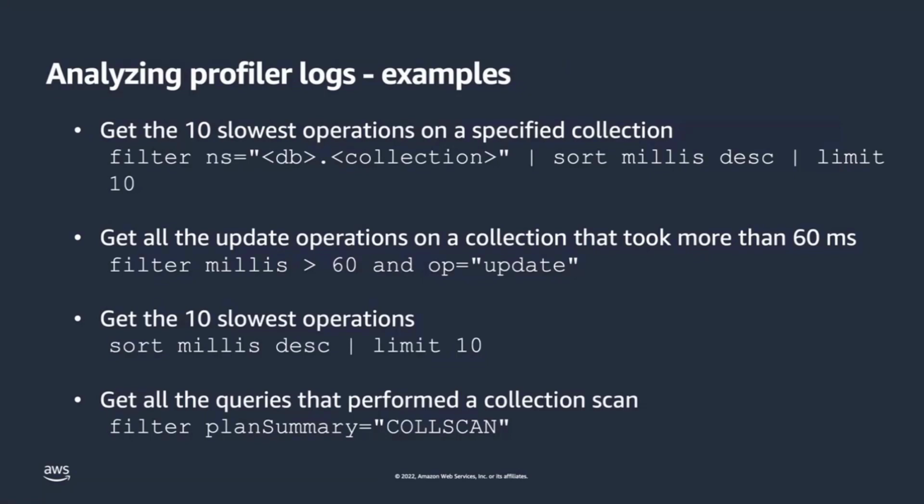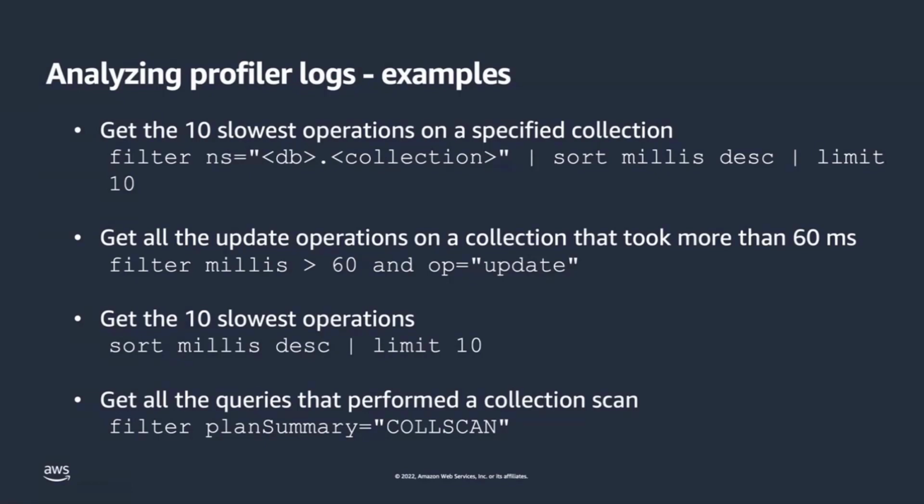And then lastly, I'll just share some common CloudWatch filters that you can use. All right, the first one: show me the 10 slowest operations on a particular collection. Or show me all of the update operations that took more than 60 milliseconds. Now, granted, this is only going to work if your threshold is 60 milliseconds or less.